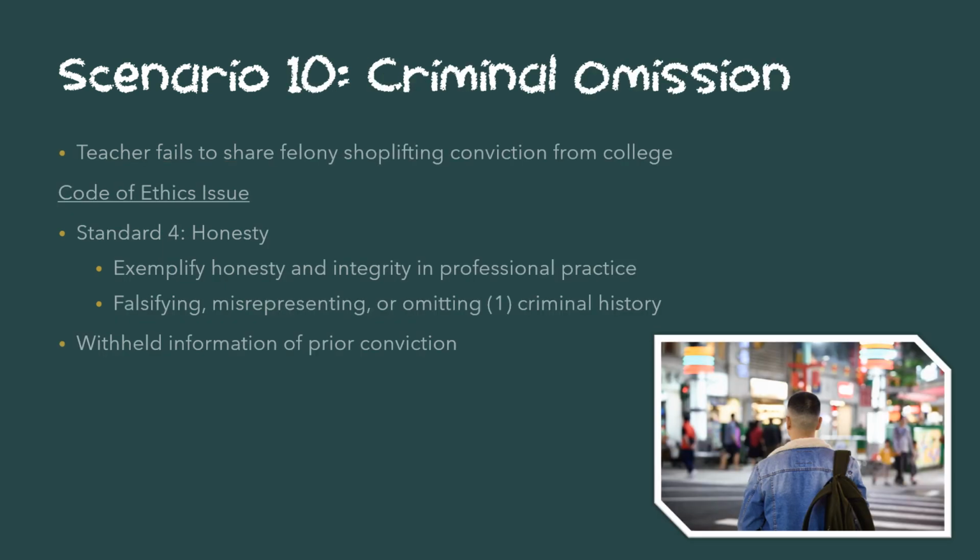And for our final scenario, we have the matter of a criminal omission. A teacher shares that he failed to include the fact that he was charged with felony shoplifting while in college. In this particular instance, the code of ethics issue is Standard 4, which is honesty, and as stated earlier, an educator shall exemplify honesty and integrity in the course of professional practice.